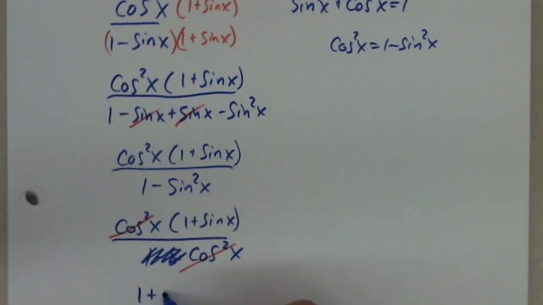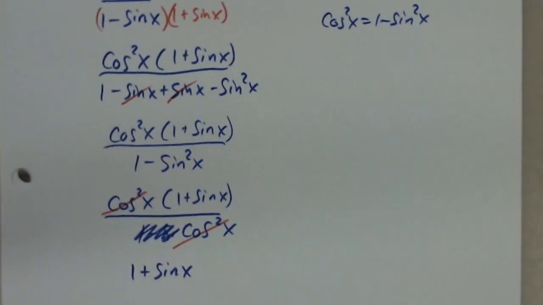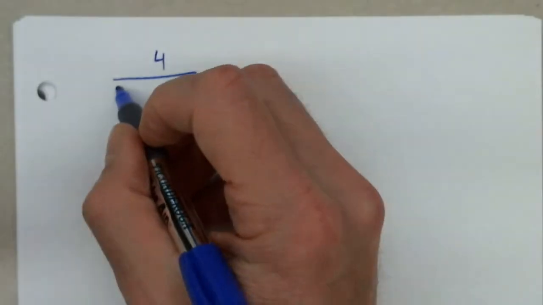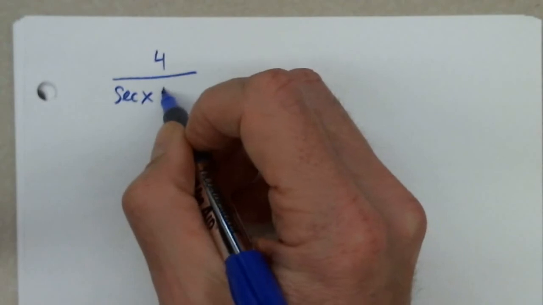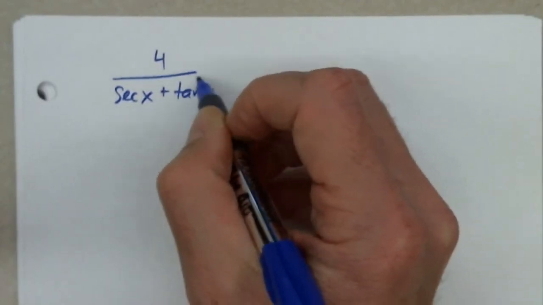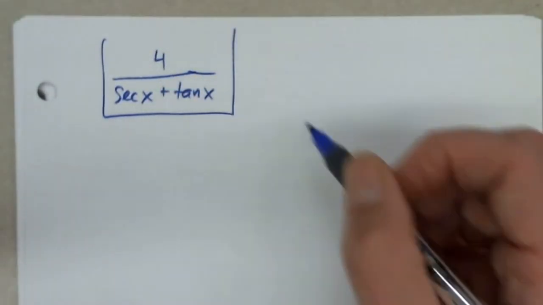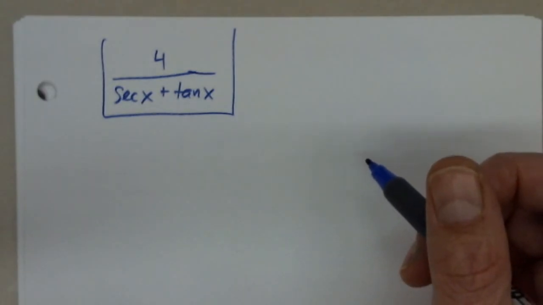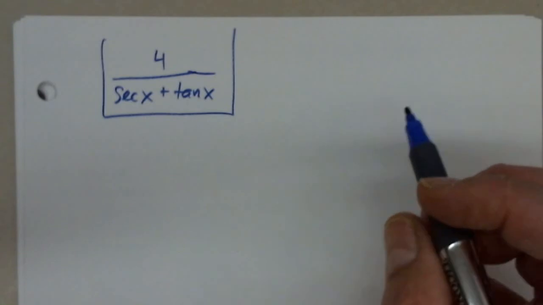So we're down to 1 plus sine. Okay, try this one and go ahead and create a Pythagorean identity.